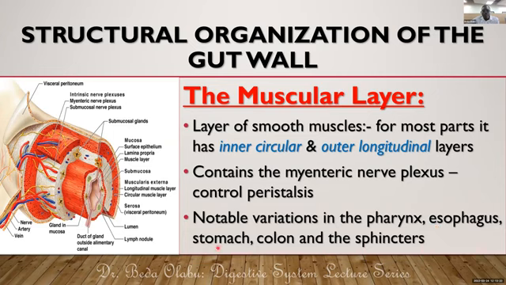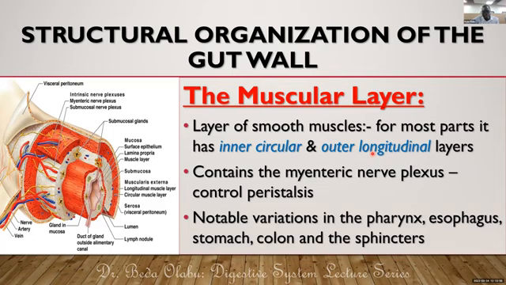How about the stomach? What is the notable variation there? For the stomach, the muscular layer is thick and more prominent, but that applies to all of them. It has a thick muscular wall. Other than that, the stomach has three orientations of muscles instead of two. So yes, these two are there. We have the circular one and the longitudinal one, but there's another additional one. This additional one is on the inside.